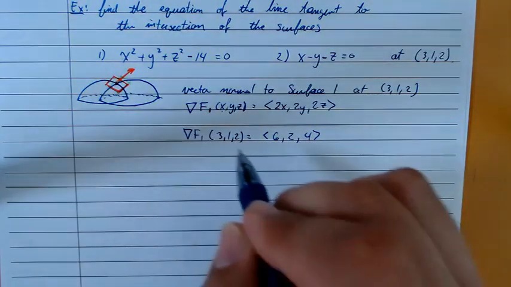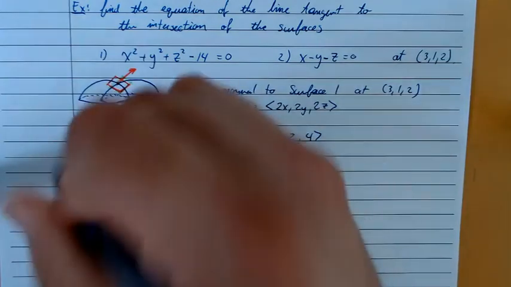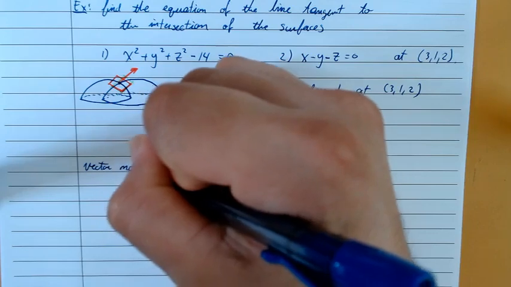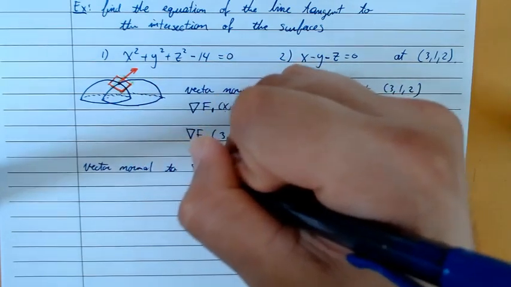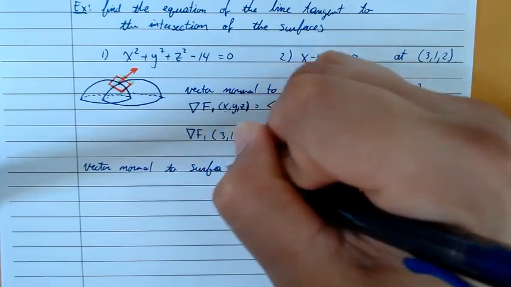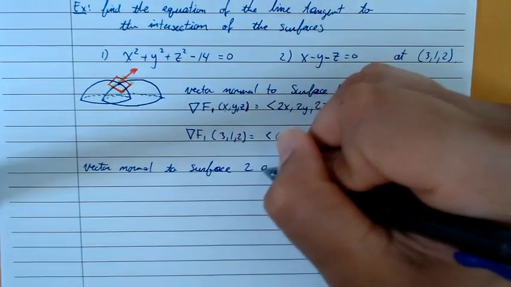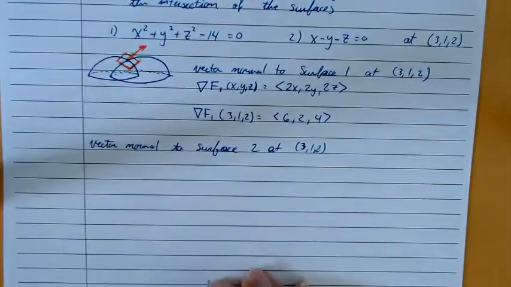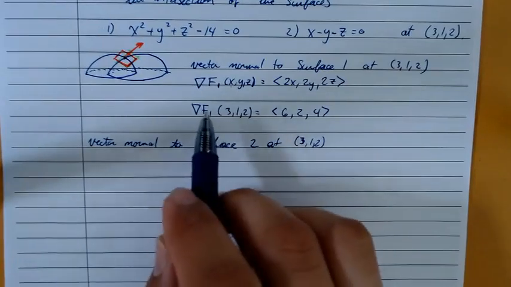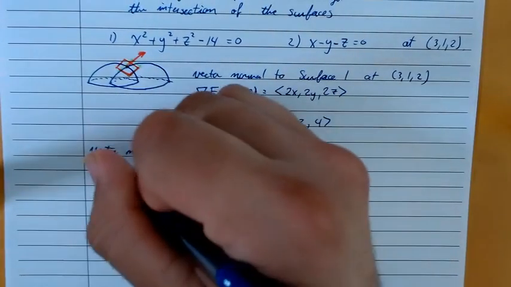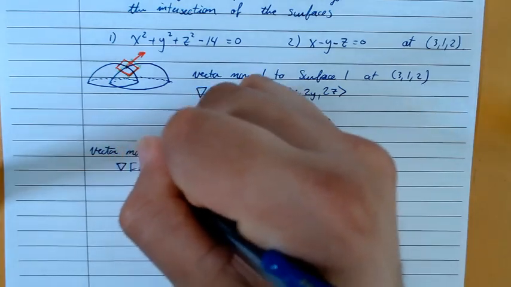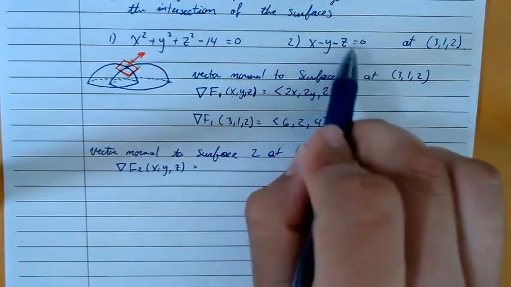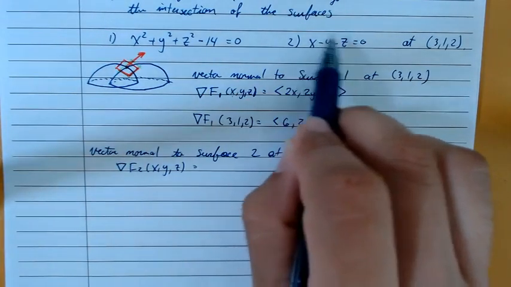Okay, now I can do the same thing for the second surface. Let's go and find the vector that is normal to surface number 2, again at that same point, 3, 1, 2. Okay, well then that's the gradient of F2. Well, for the gradient, we're going to take the derivative with respect to x of this function here.